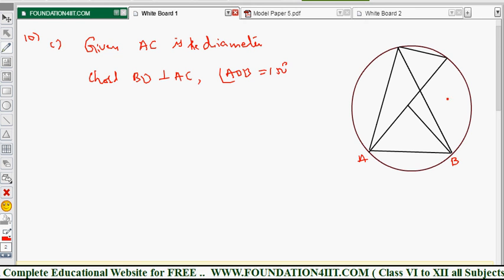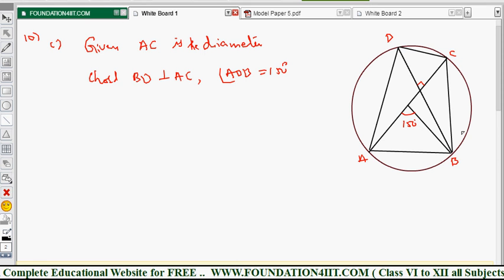AB, CD, and this angle is 150 degrees. This line is perpendicular, and join this line also, one more, CD, right?